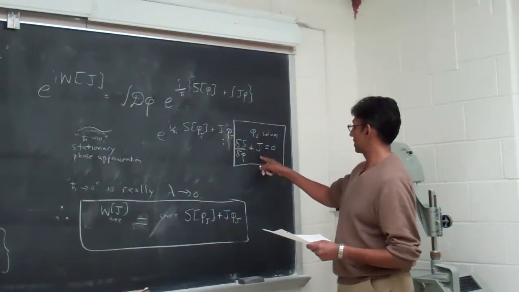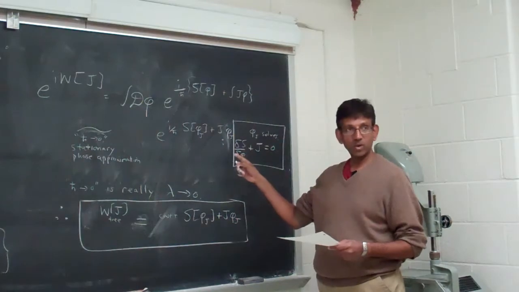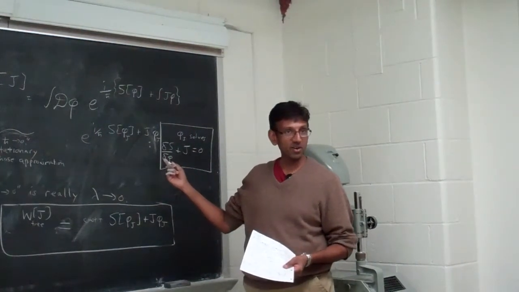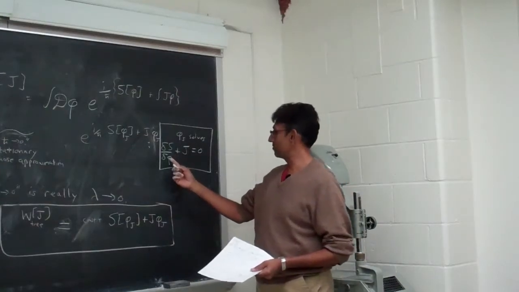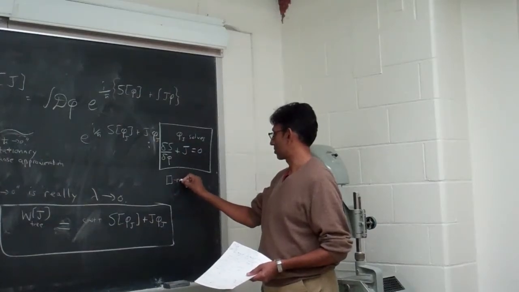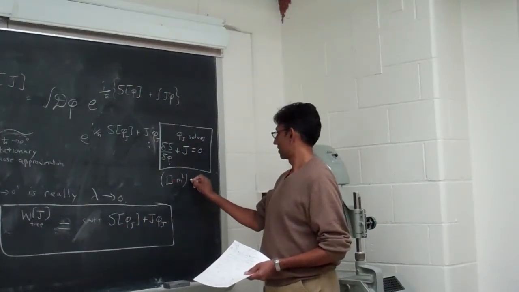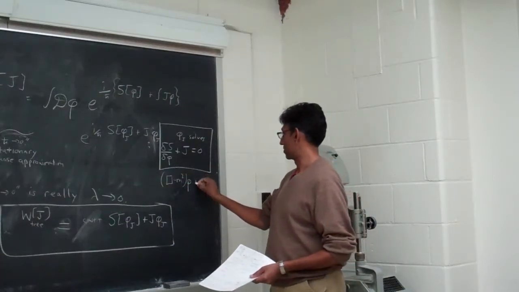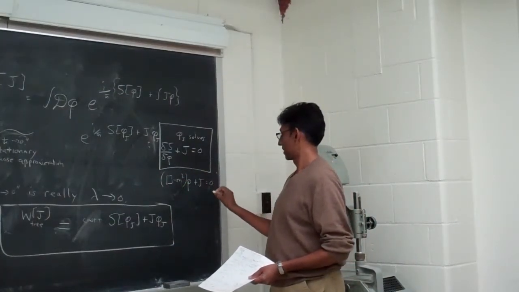When we solve this, we have to provide... So, look at even free field theory. We're going to get something like box minus m squared phi, right? The variation of the free action, plus j equals 0.